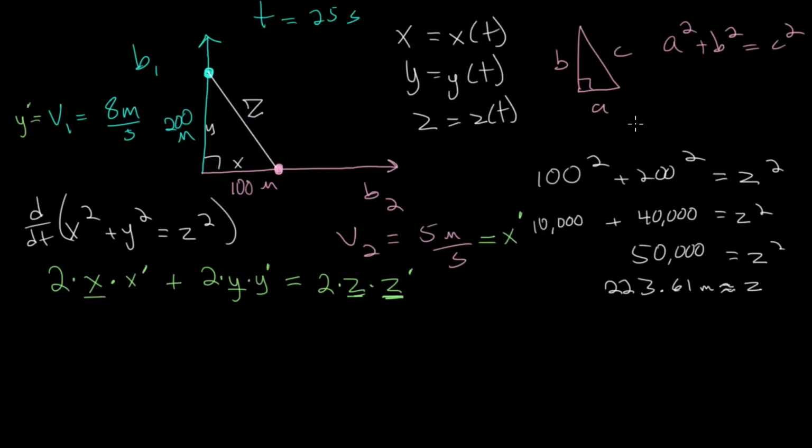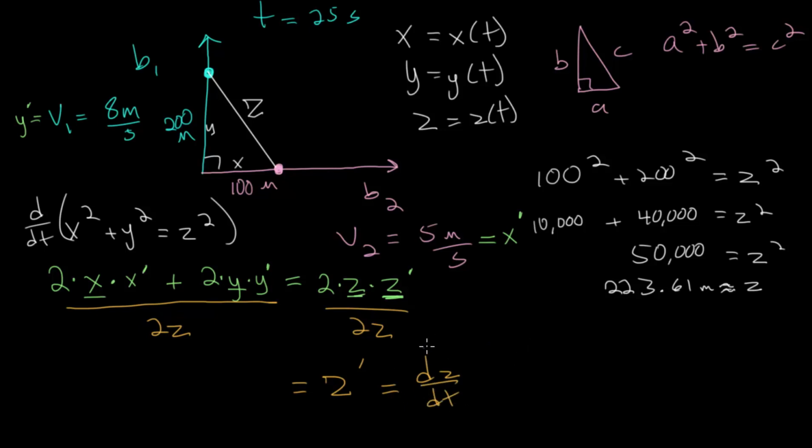So I can scroll down so that we can work on this. Notice everything is divisible by 2, so we can cancel all that. Let's divide both sides of the equation by 2z so that we get z prime, which we could also write as dz/dt, the rate of change of z with respect to time. The 2's cancel, and we get x times x prime plus y times y prime, all divided by z.